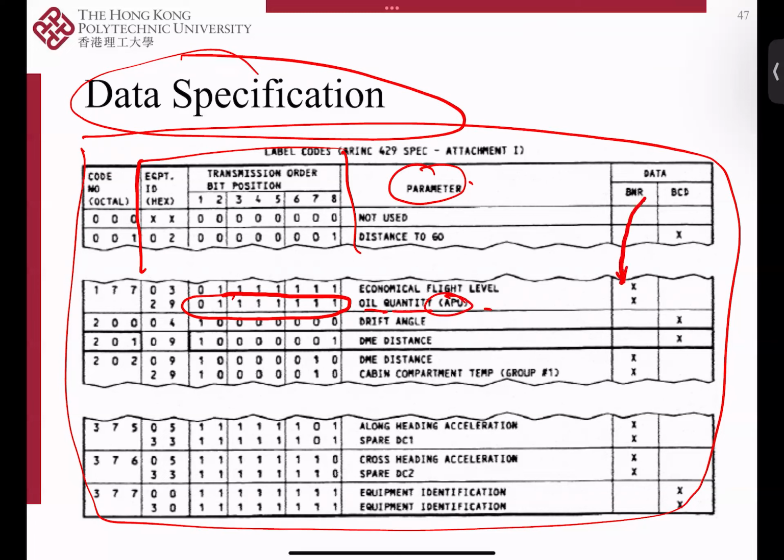The format is BNR because here we have a small cross. If you have another pattern looking like this, it is related to the cabin compartment temperature, and they are using this one. The data is using the BNR format.